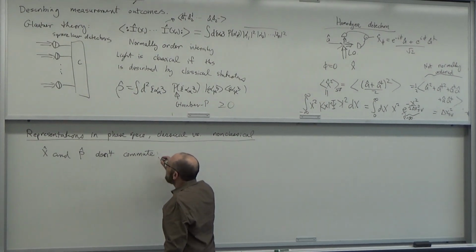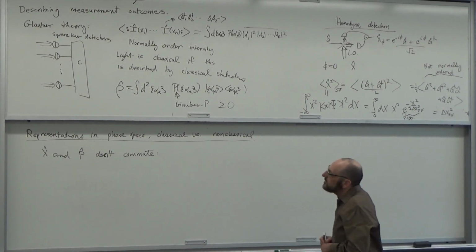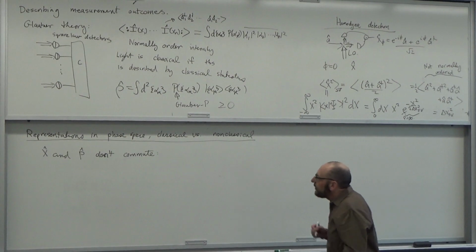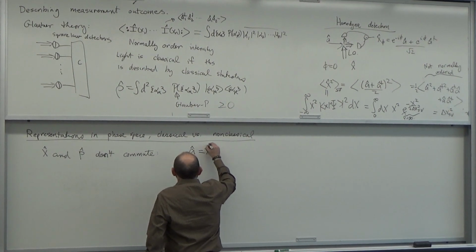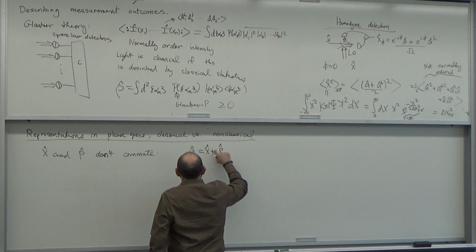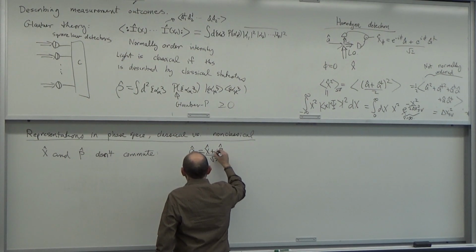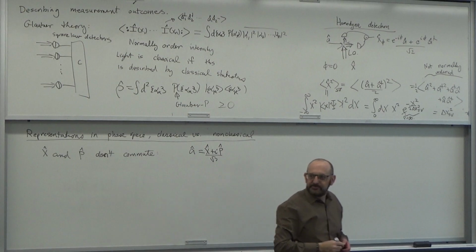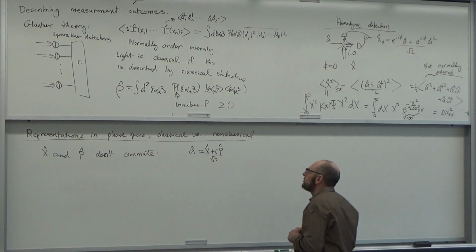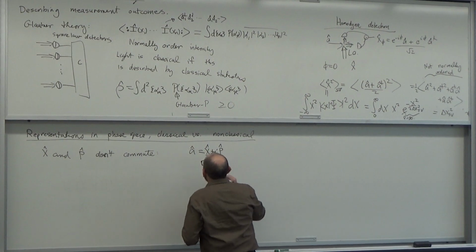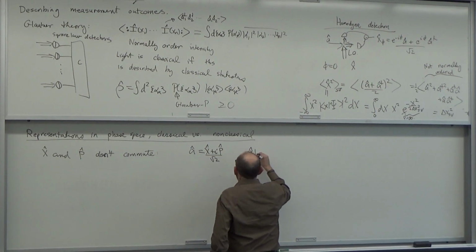So how would we try to think about a representation in phase space? Well, we have, of course, something which is kind of both x and p, right? We have coherent states.